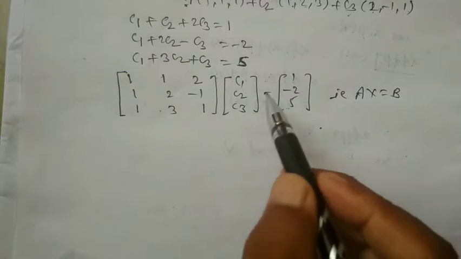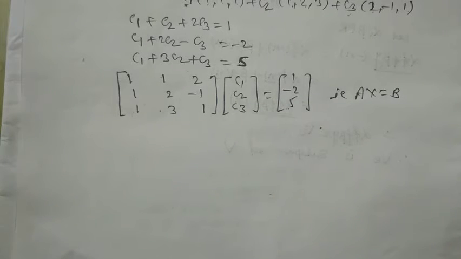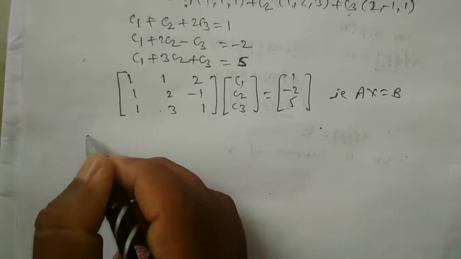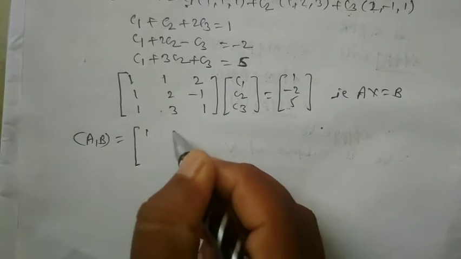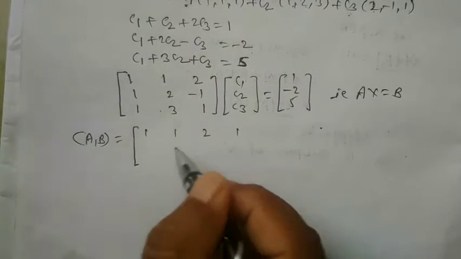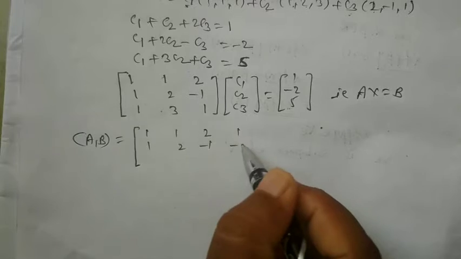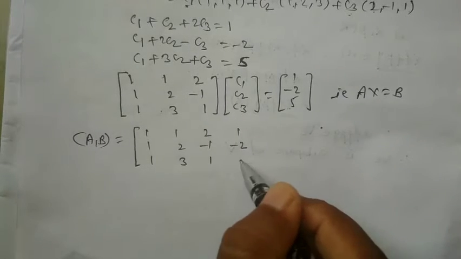Now this is a non-homogeneous system, so to find c1, c2, c3 we have to solve it. Consider the augmented matrix A comma B, which has rows (1, 1, 2, 1), (1, 2, -1, -2), (1, 3, 1, 5).